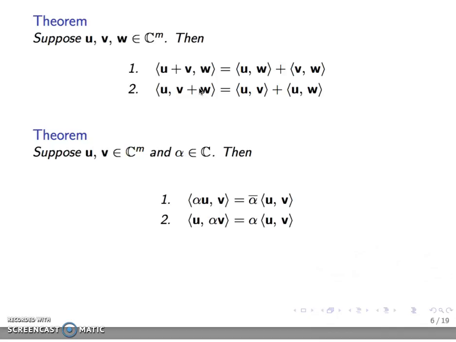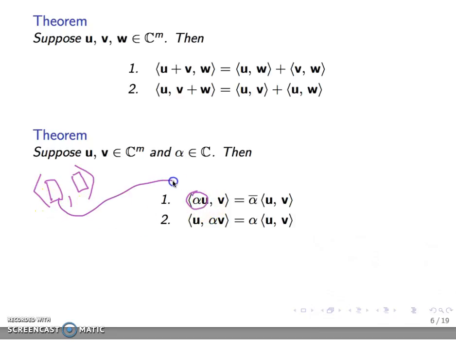The other thing to keep in mind here is that in one of the entries of the inner product, here's argument number one, argument number two, we may have a scalar. So what's happening in both of these properties listed under this theorem is that there is a scalar-vector multiplication in one of the arguments.